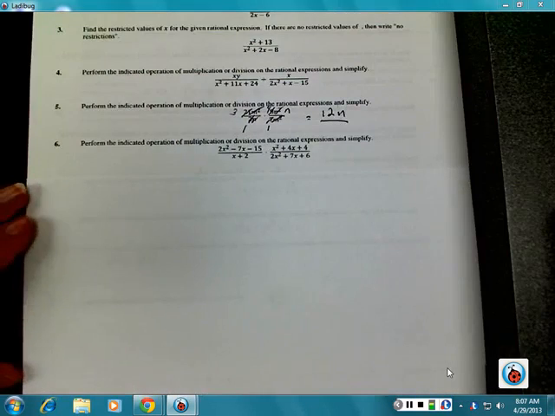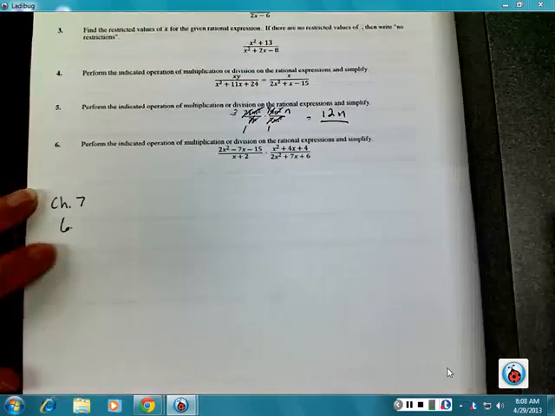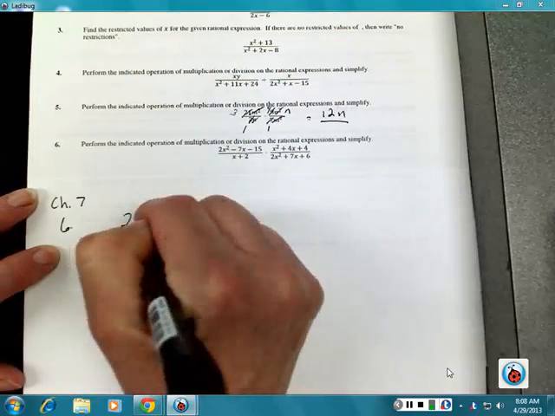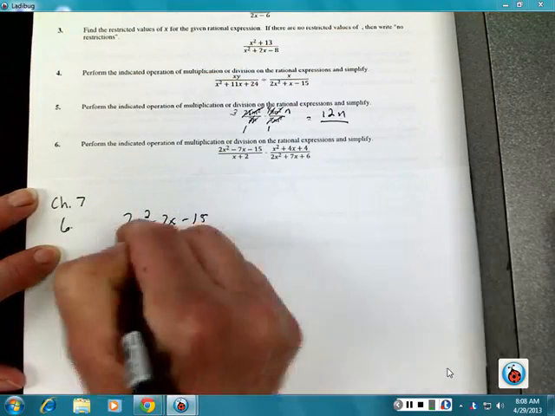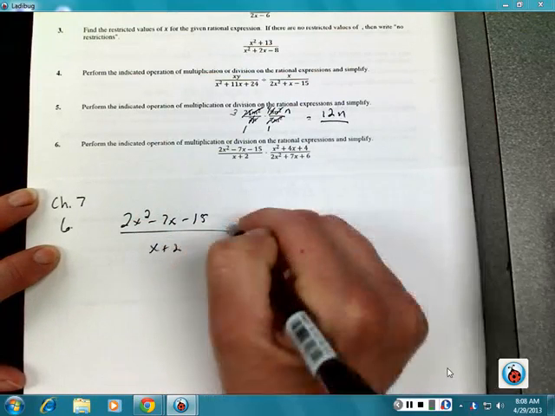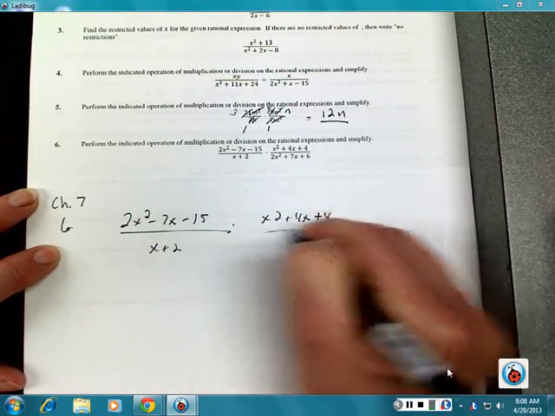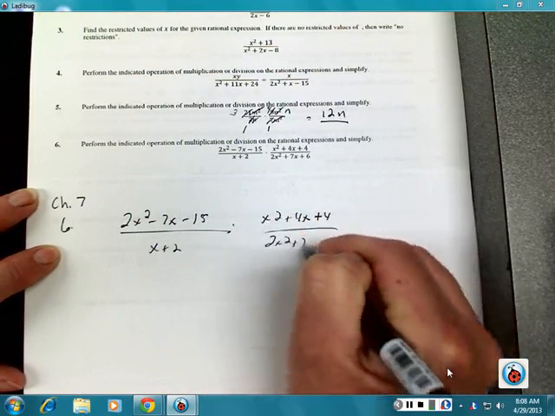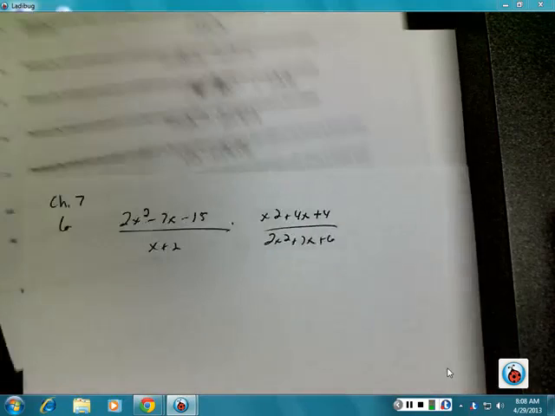So that means that we need to take everything that we have in here, and I'm going to rewrite it on here so we can see it a little bit larger than what's there. And we need to take all of those and factor them.